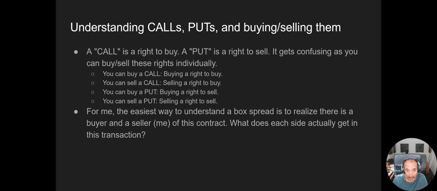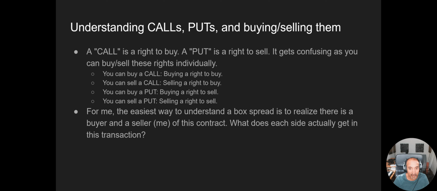You can sell a call, which means you are selling a right to buy. You can buy a put, which means you're buying a right to sell. Or you can sell a put, which is selling a right to sell.